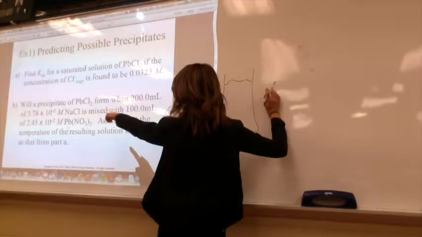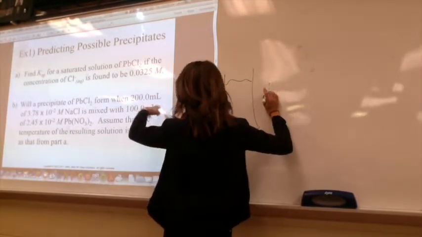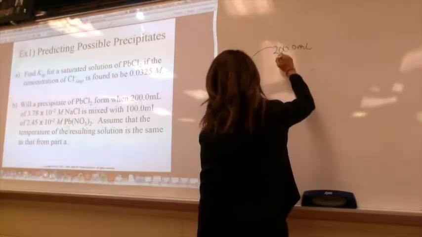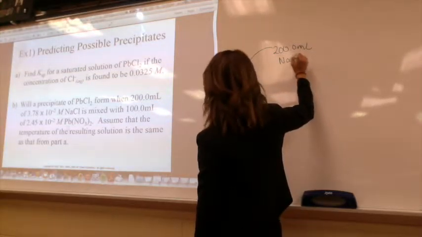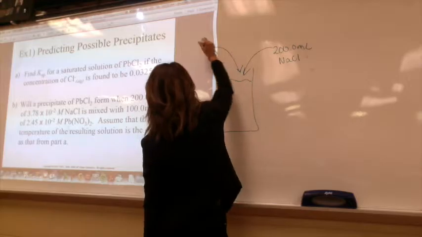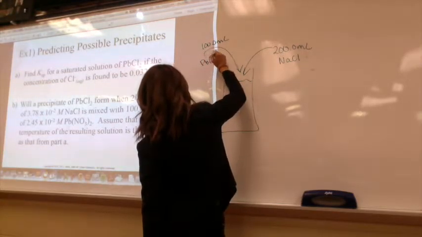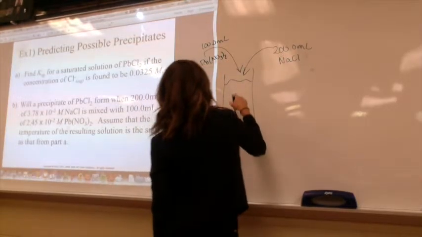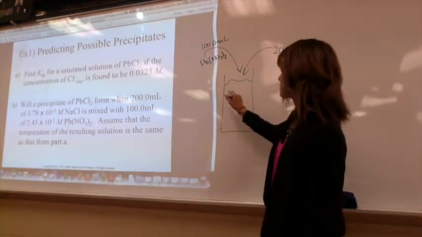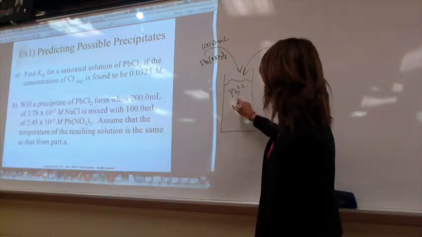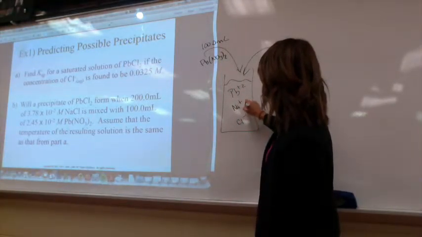It says, will a precipitate of lead 2 chloride form when 200 milliliters of sodium chloride with a certain concentration is mixed with 100 milliliters of lead 2 nitrate with a certain concentration? So what's going to be floating around in this beaker? Pb plus 2, Na plus, Cl minus, and NO3 minus.